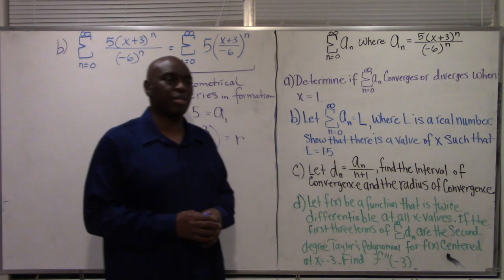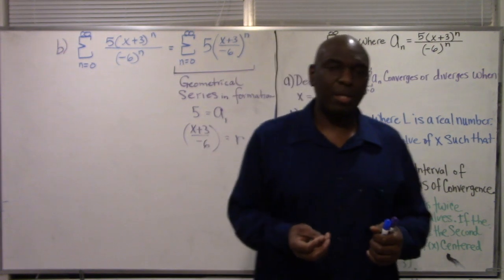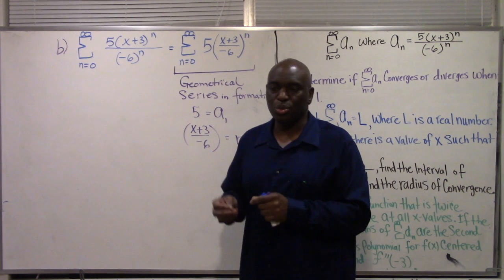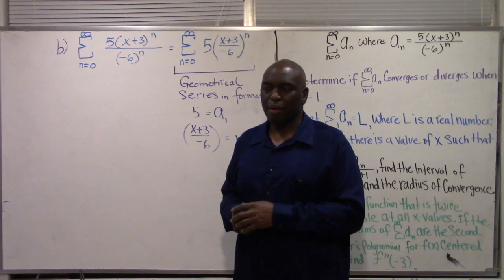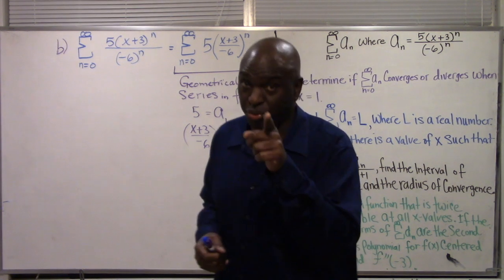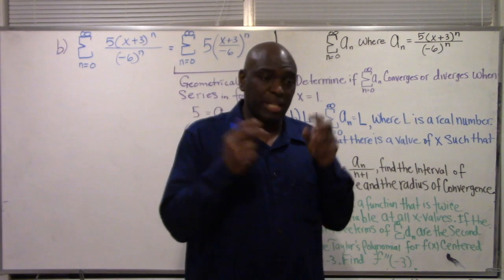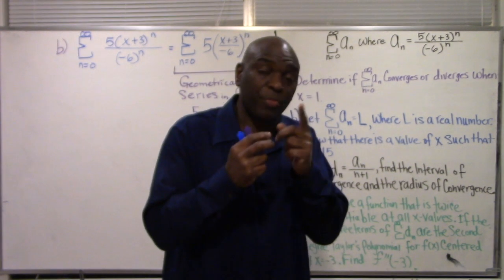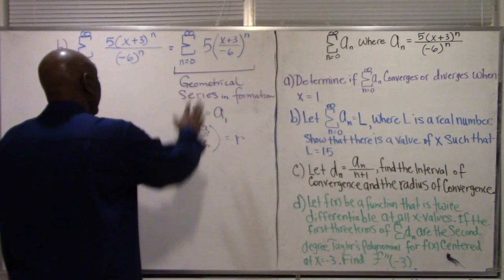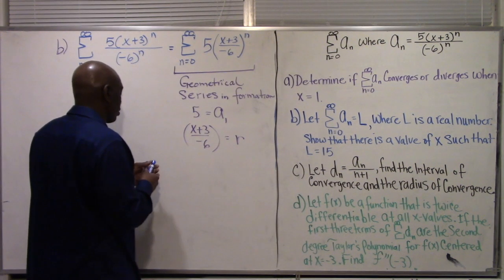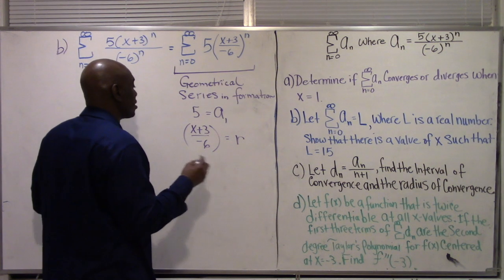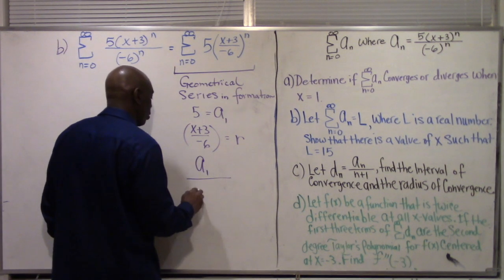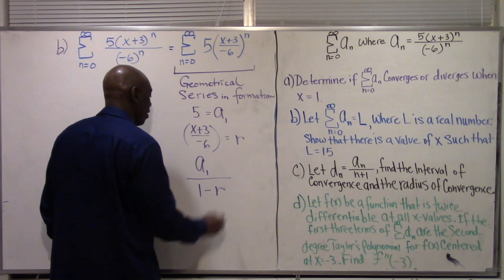The key thing here is for an infinite geometric series to converge, one thing must be true. If a geometric series is going to converge, then it will always converge to a_1 over 1 minus r.